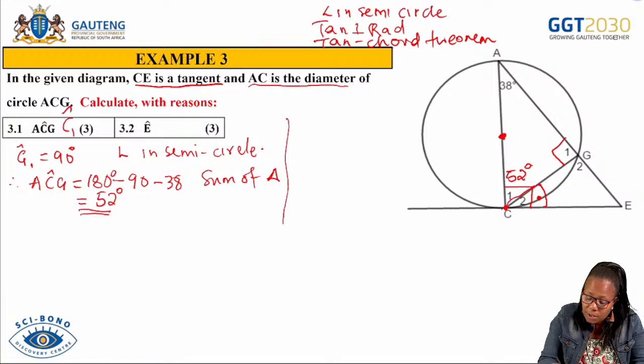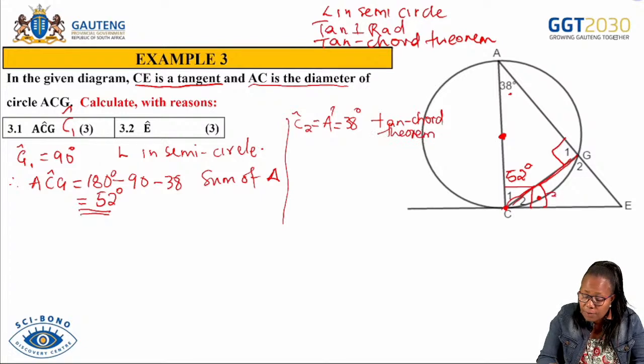You can say C2 is equal to A, equal to 38 degrees, because of the tan chord theorem. Then it will give you a 38 there. And in order to find C1, you will say 90. Remember, C1 plus C2.